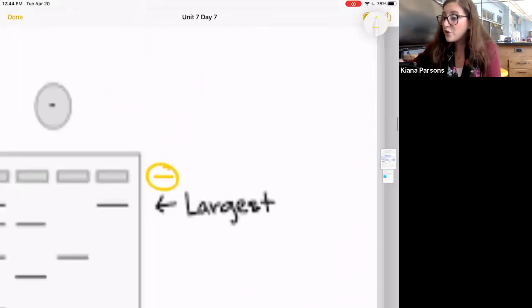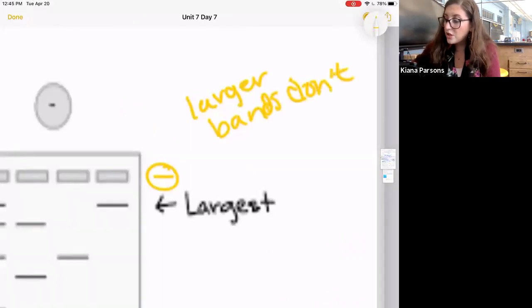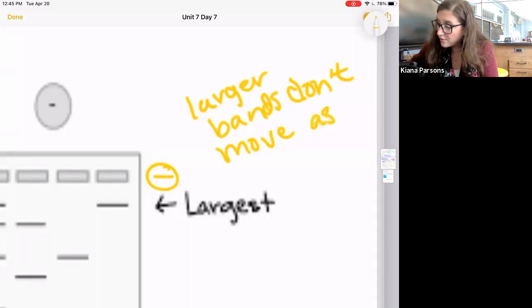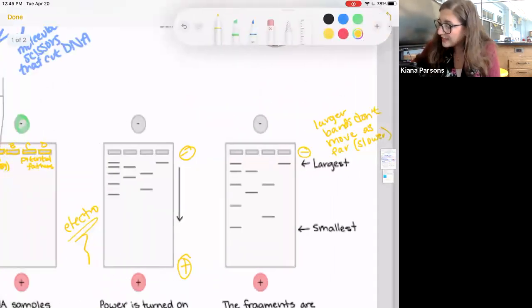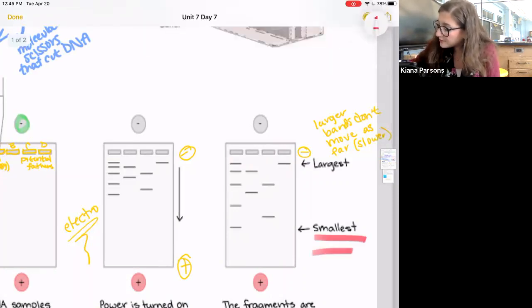So larger bands don't move as much, and they also move slower. So the charge is not able to move them as much because they're larger. And they're going slower. So taking a look at this image, you can see down here below, the smallest bands are over here closer to the positive side.